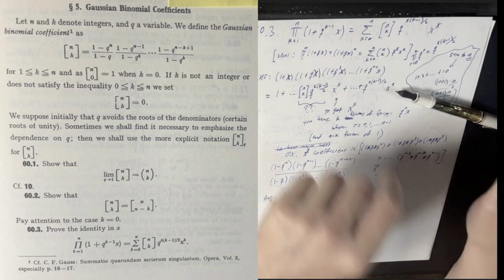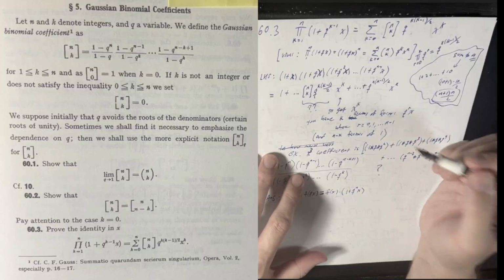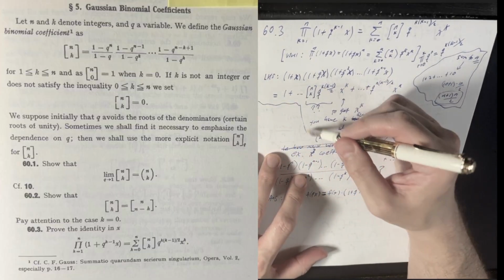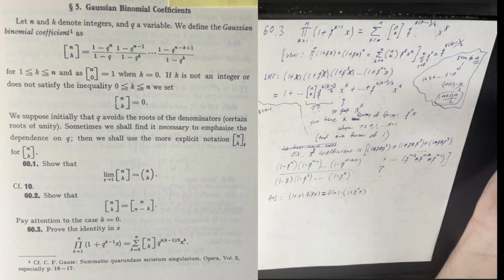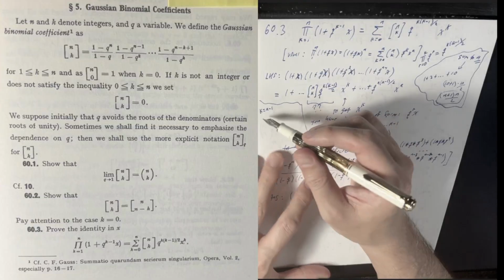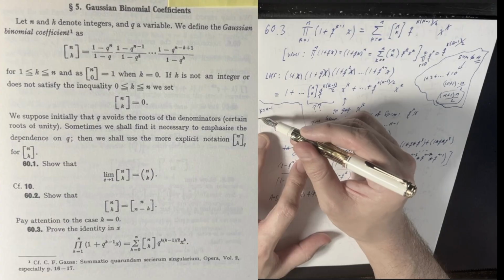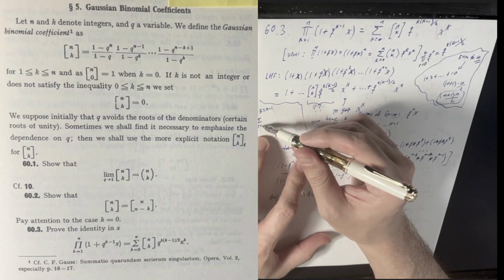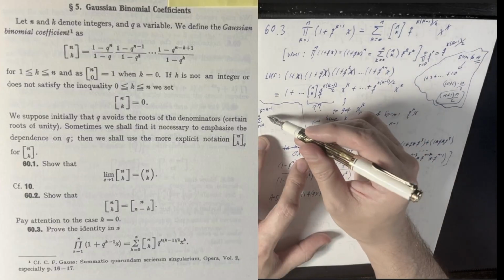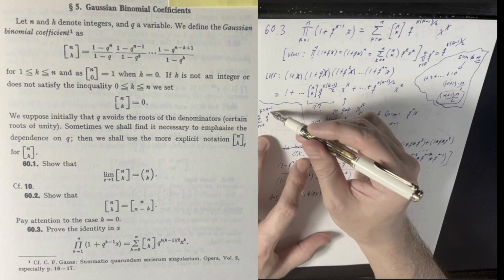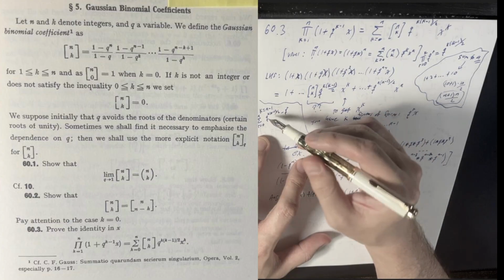So it's like you're summing up. In the case of k equal to n minus 1, it's like you're getting your full sum. Let's say you're letting r go from 0 to n, and you get your full sum minus q to the r.